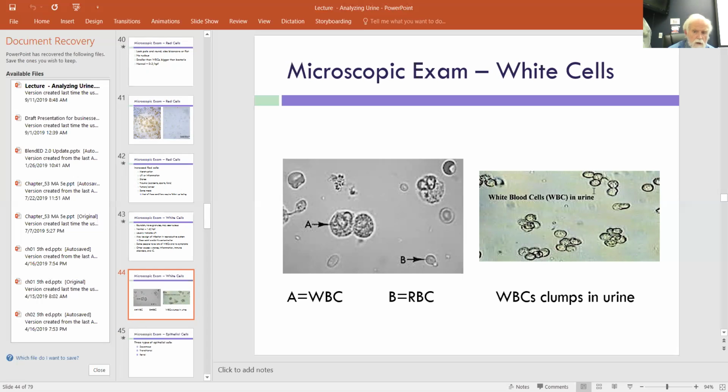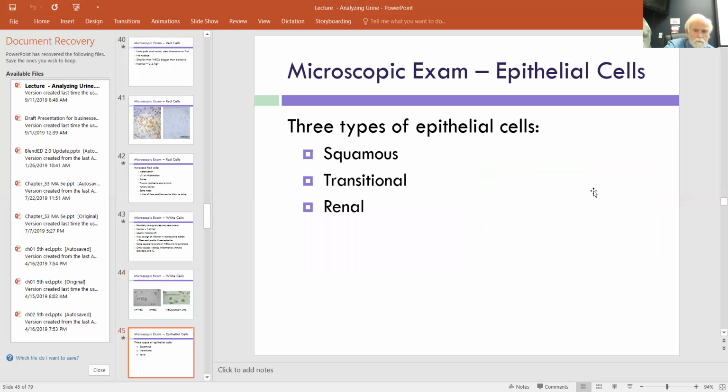And in urine, these things often clump together. So you see here on that image on the left, we see these things have paired up. So this is probably fewer white cells. But in the one on the left, they've clumped. So they're forming those.